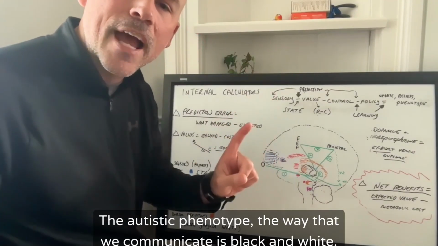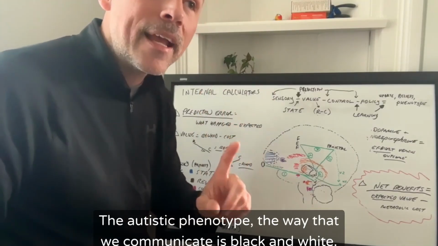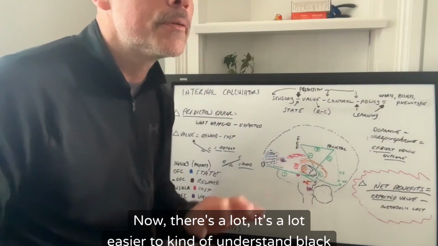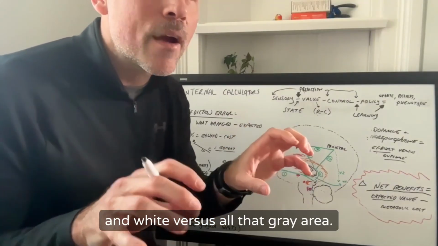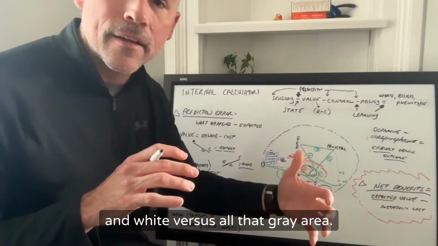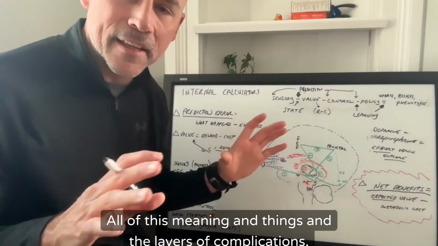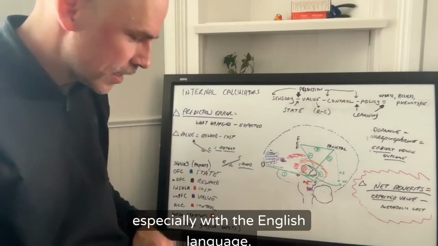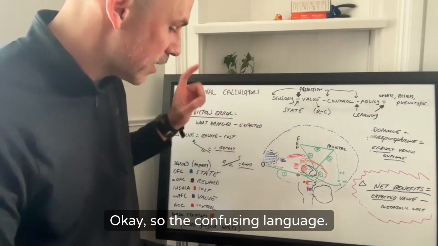The autistic phenotype, the way that we communicate is black and white. It's a lot easier to understand black and white versus all that gray area, all of this meaning and the layers of complications, especially with the English language. So, the confusing language.